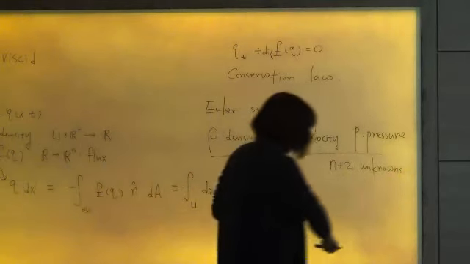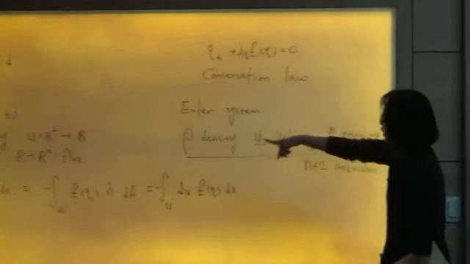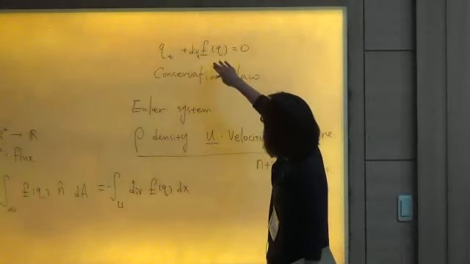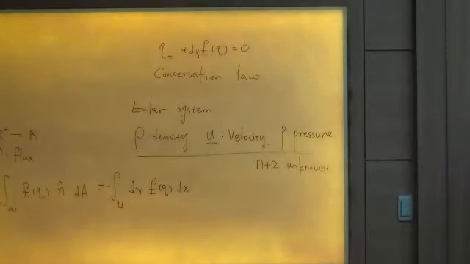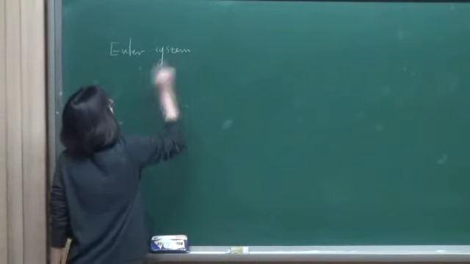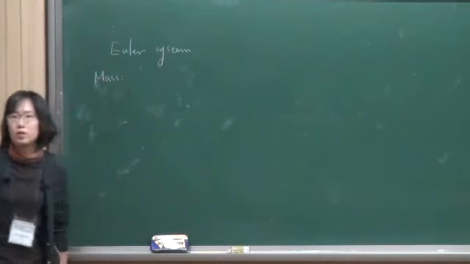for my system. Therefore, I need n plus 2 PDEs to solve. Then, for the Euler system, what is the conservation of mass? If rho is the density, you can simply apply this conservation law equation for each conservation law. For conservation of mass, you can imagine what it's going to be.